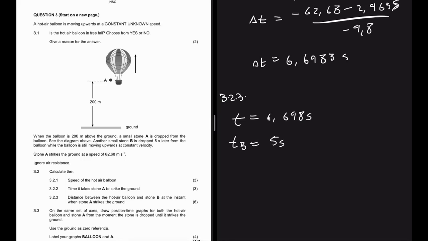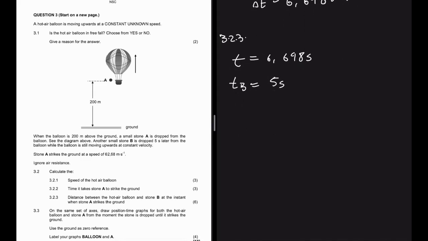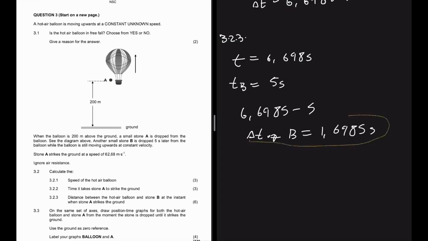So at this instant, 6.6985 minus 5, right? Which will be delta t of stone B equals 1.6985 seconds, right? This is the time stone B had spent in motion when stone A struck the ground.